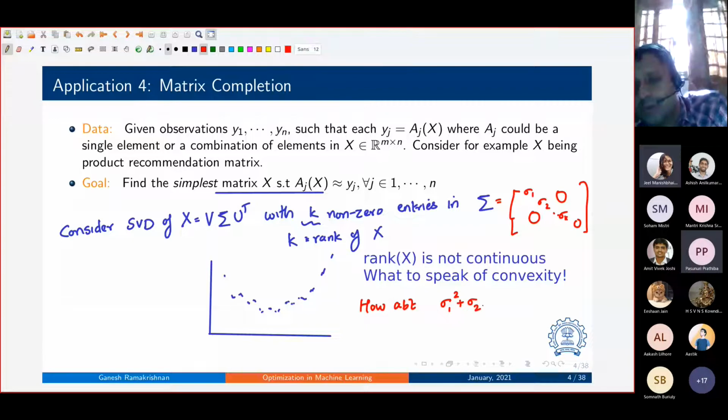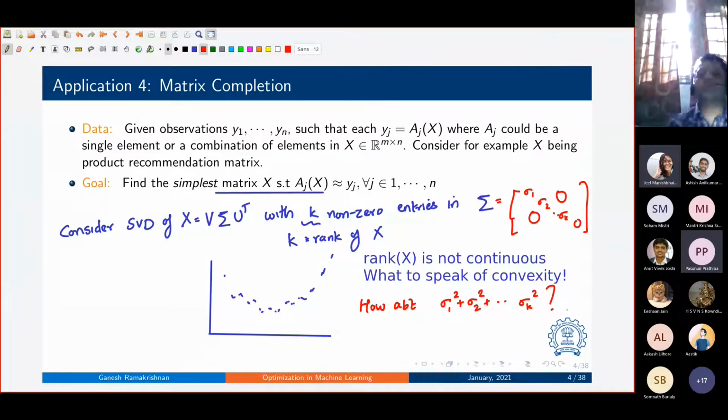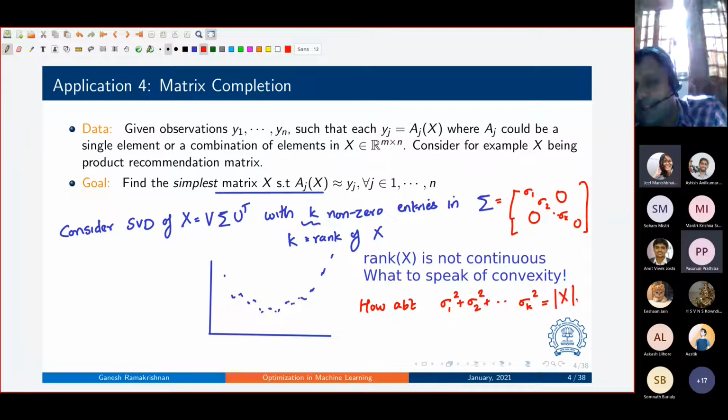So sigma 1 squared plus sigma 2 squared plus sigma k squared. How do you think this is going to behave vis-a-vis the rank function itself? Any thoughts? In fact, this has a name. This is called the spectral norm of the matrix X, written X star. Okay, it's a norm.